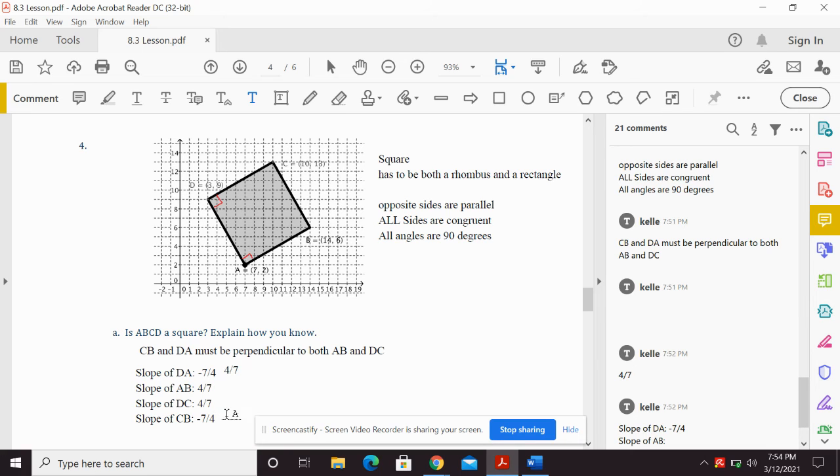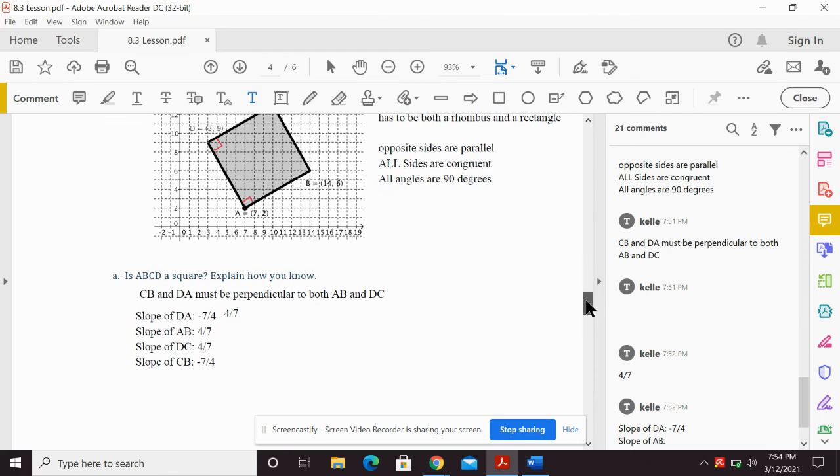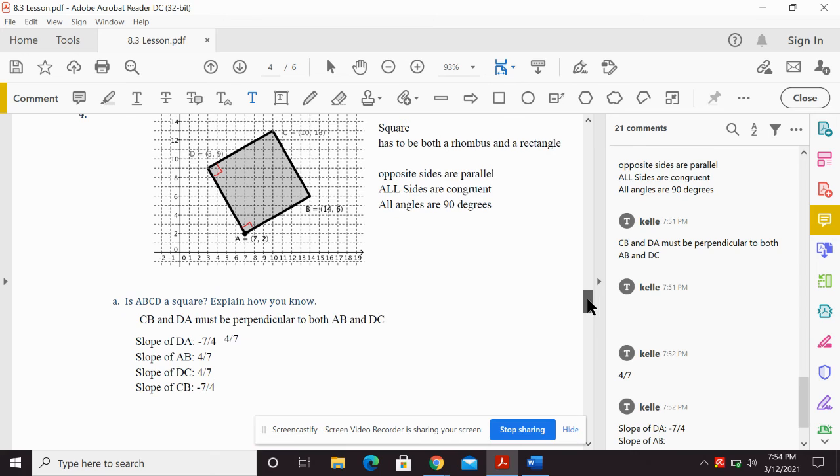Oh, we actually just proved a lot by finding the slopes. They are, in fact, perpendicular to each other. See how they're opposite reciprocals? So AB and DC are perpendicular to these two because they have opposite reciprocal slopes.